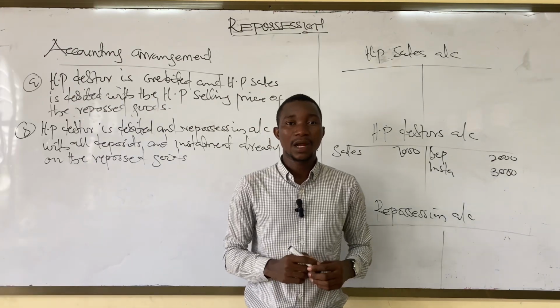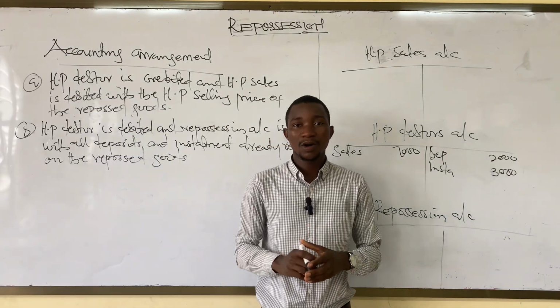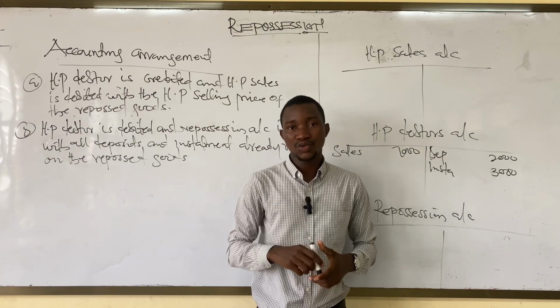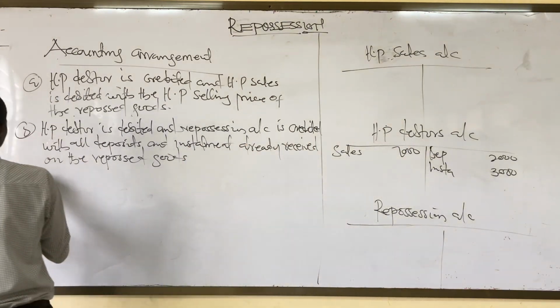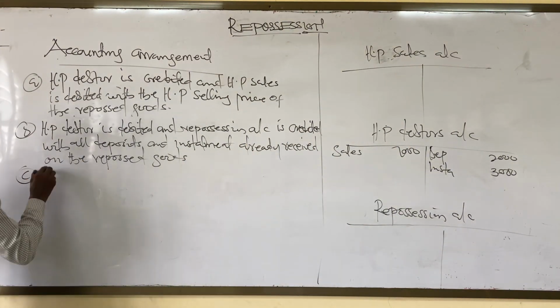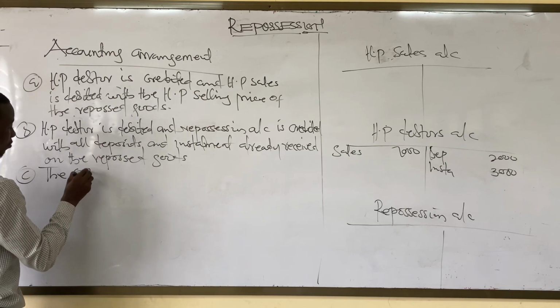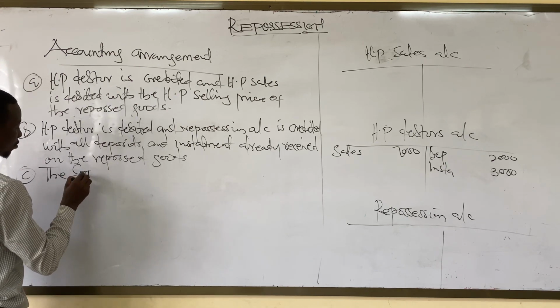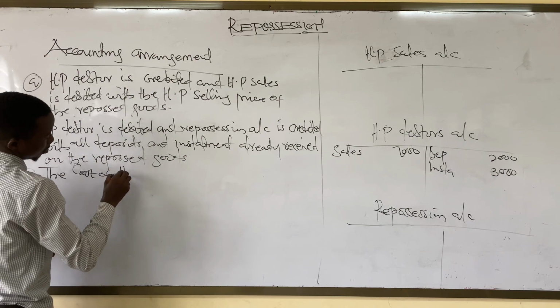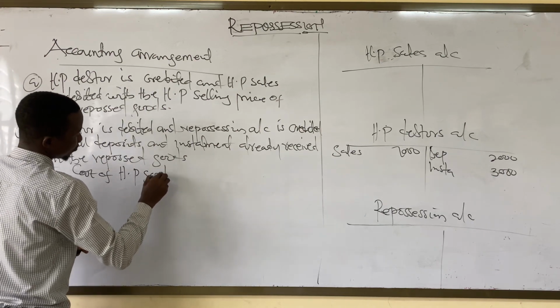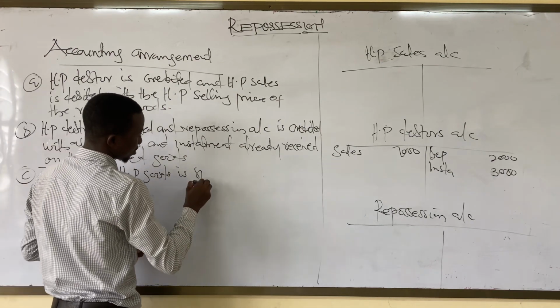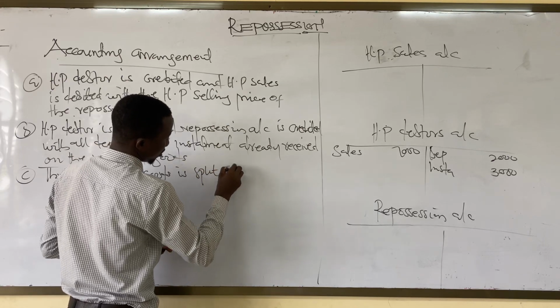So the third accounting arrangement is that the cost of the hire purchase goods is split into two.